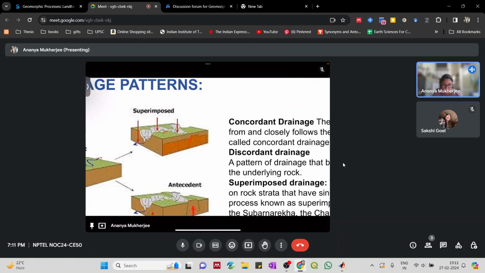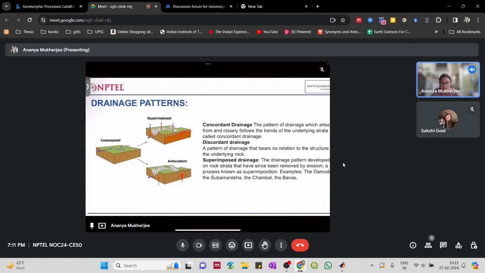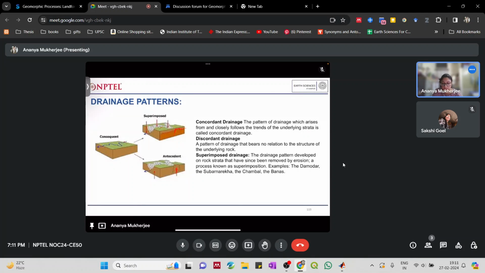So you can see the uplift is present and the drainage pattern is there, but the drainage is superimposed on the tectonic setup that is present over here. So consequent drainage patterns can lead into both superimposed and antecedent drainage patterns.